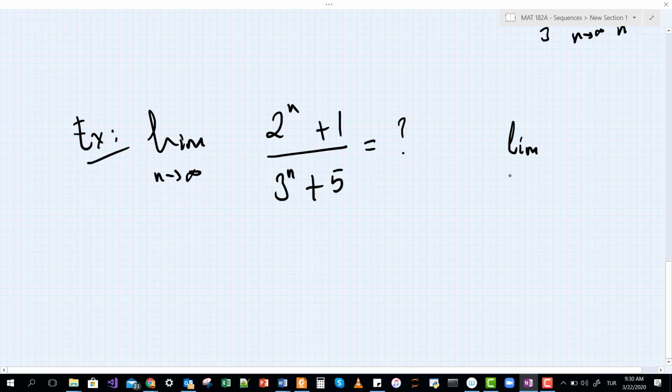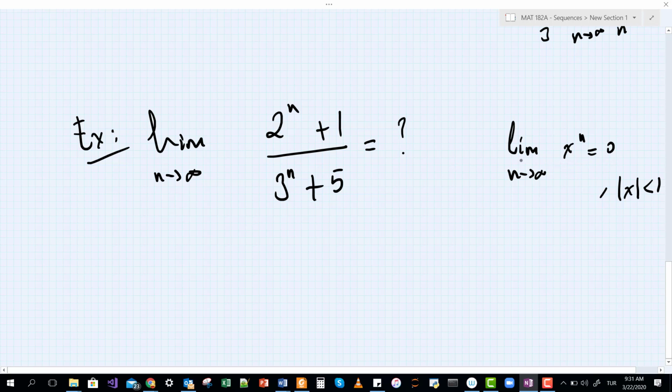If you remember, the limit as n goes to infinity of x to the n will be 0 if you have a number x less than 1. When I have a number, which is x here, if that number is less than 1 in absolute value, then this limit will go to 0.